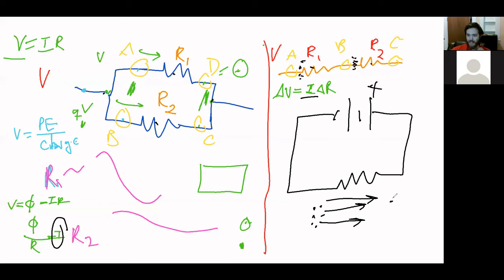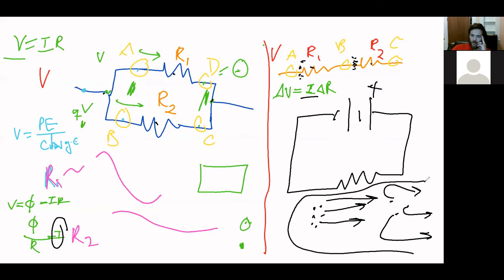They are hitting things and scattering off of them, but they are still being driven forward by the electromotive force, which is also the voltage. So in this case, we really want to think of the Drude model when we're solving for this kind of problem.